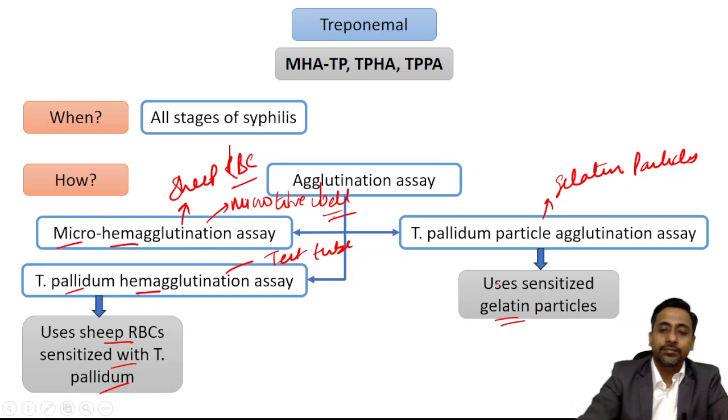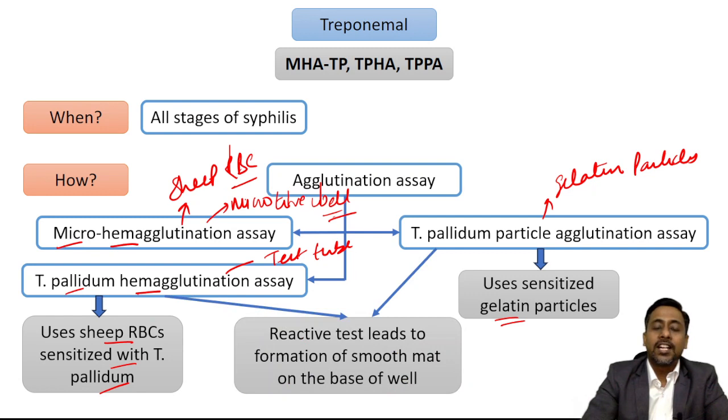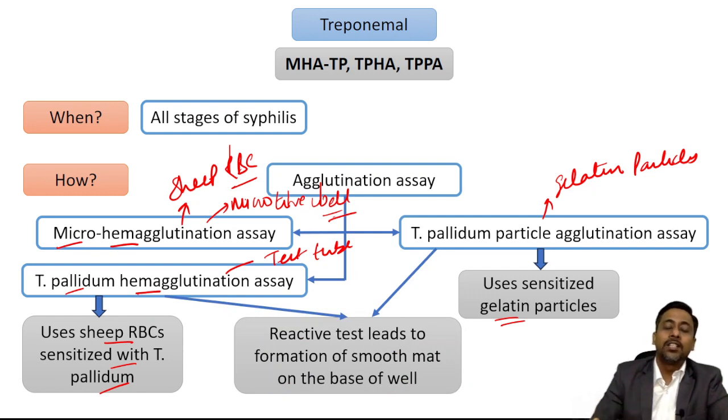Then it is added to the patient serum. If the patient serum contains the antibody specific to Treponema pallidum, it will bind with it and lead to a reactive result. How will the reactive result look? It will lead to formation of a smooth mat on the base of the microtiter well, or on the base of the test tube in case of TPHA.